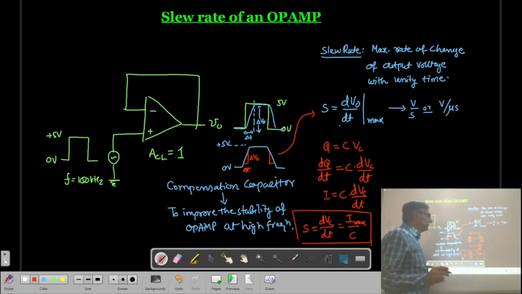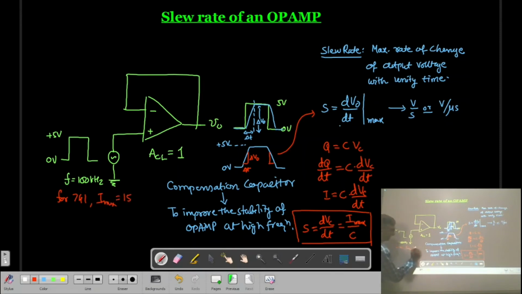Now if you take a typical value for the 741, the maximum charging current is 15 microampere, and the value of the compensation capacitor is 30 picofarad. Remember, these compensation capacitors are very, very small.